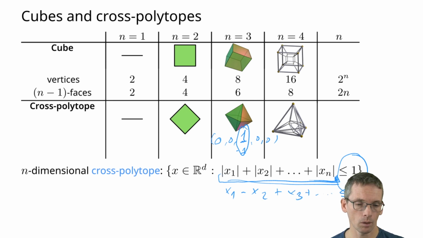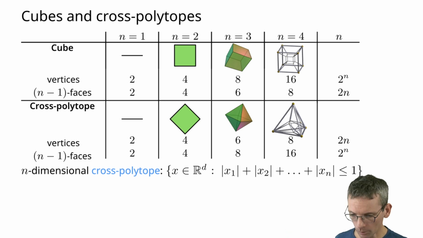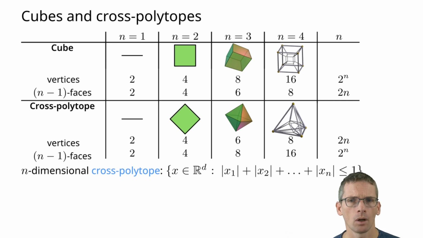So this gives me 2 to the n combinations. So we have 2n vertices and 2 to the n faces. So also in this direction, a linear number of vertices might imply an exponential number of faces.